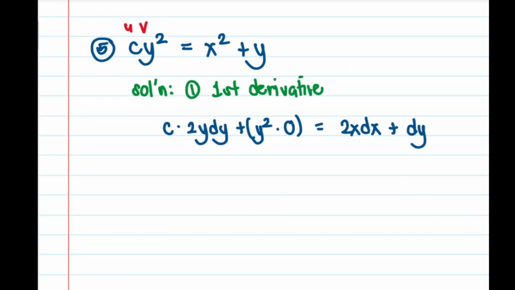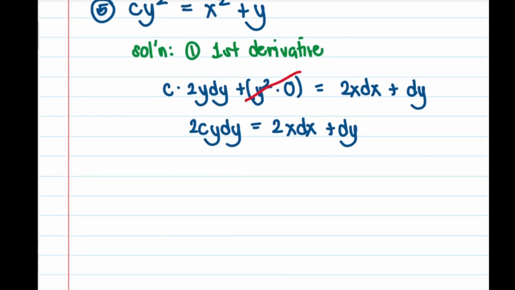This one will be cancelled out because it will yield just 0. So simplifying, that one will yield 2cy dy equivalent to 2x dx plus dy. So multiplying both sides by 1 over 2y dy.